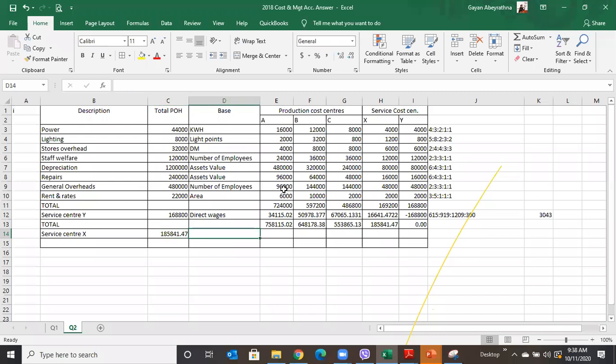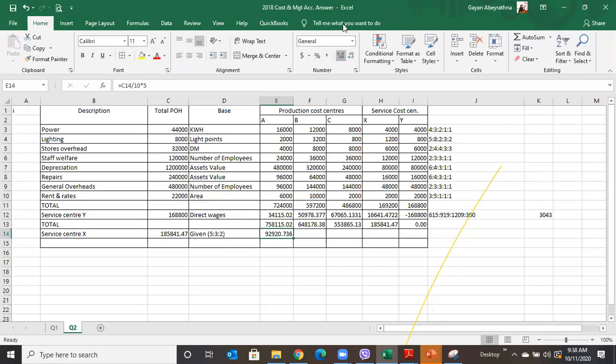Yeah, given one. 5, 3, 2. Then for X, for A, it should be this one divided by 10 into 5.